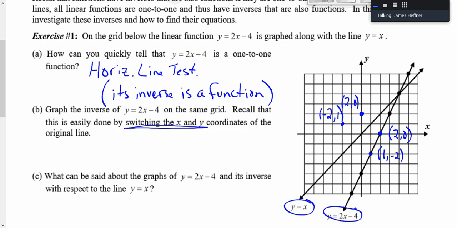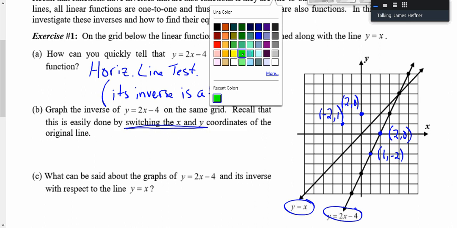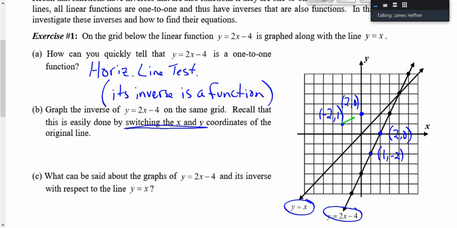All right, so let me draw a line there, the green line. And if we connect these, and extend that out a little bit. You don't have to use a straight edge yourself, but I just want to keep this nice and neat. Okay, so that would be the inverse of our original function, right?